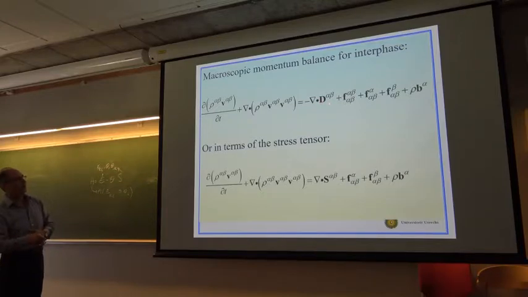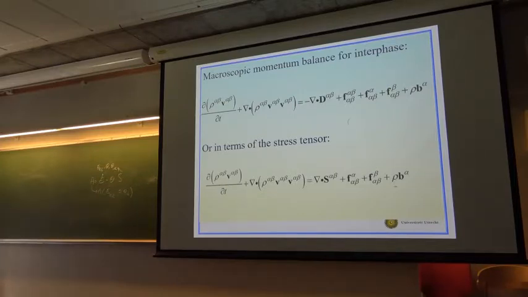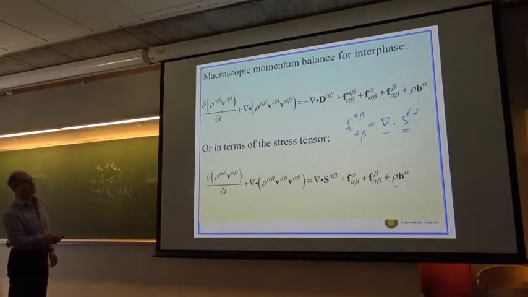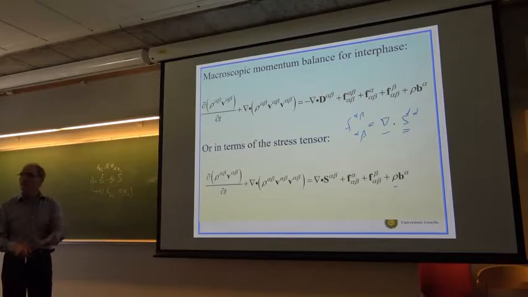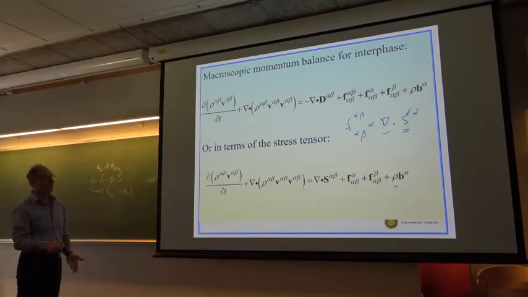And we define again this to be a divergence of some sort of S prime alpha, some tensor. We add that tensor to this tensor, add to D, and that gives me an interfacial stress tensor. And these are the forces with the neighboring domains.